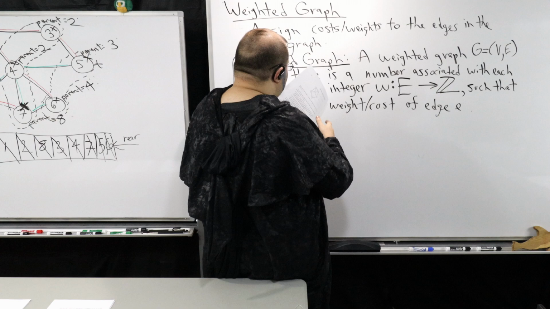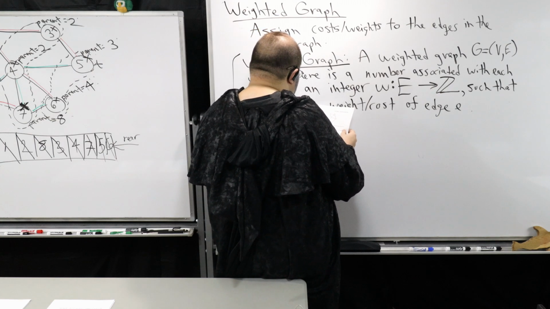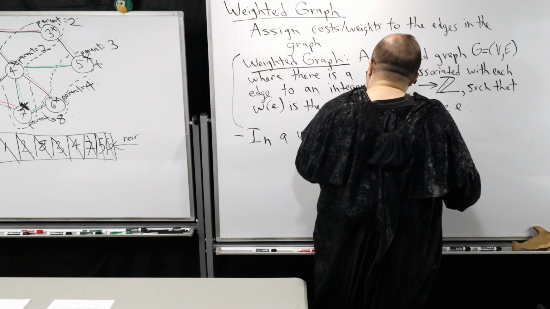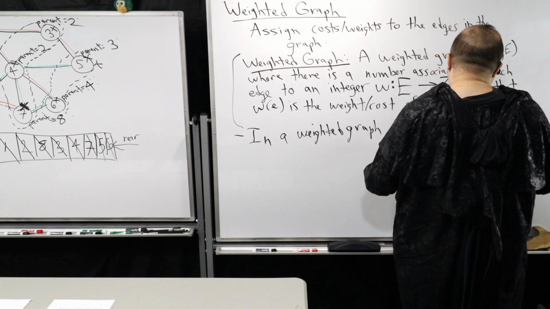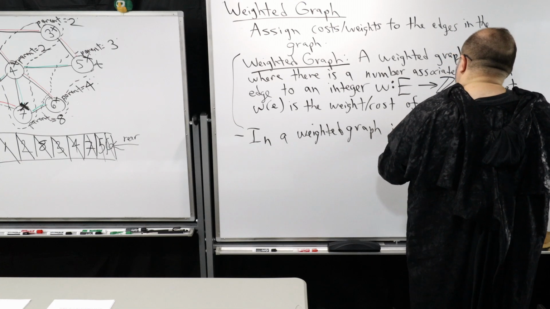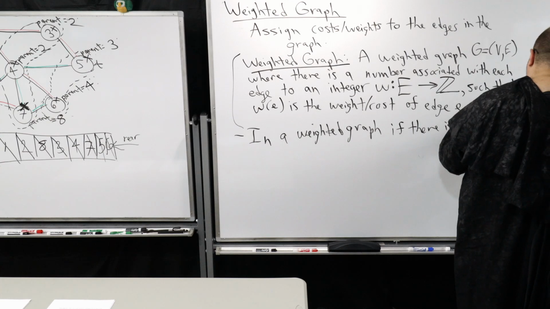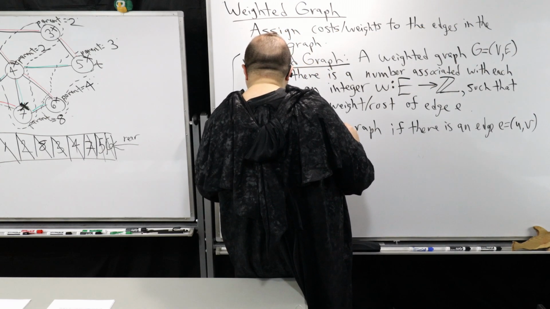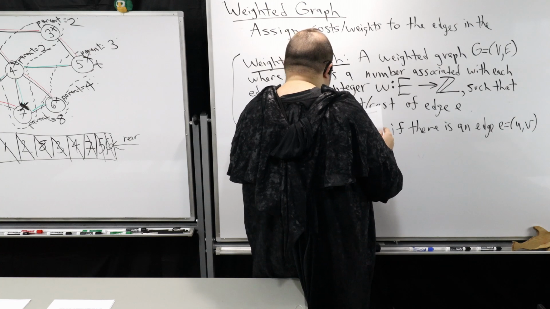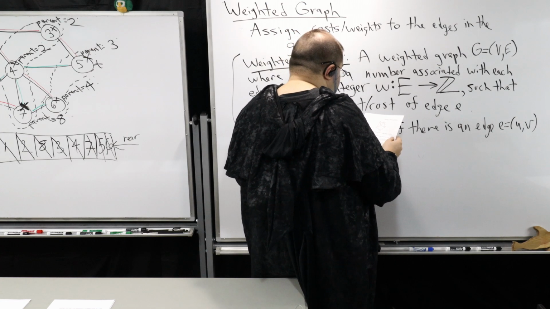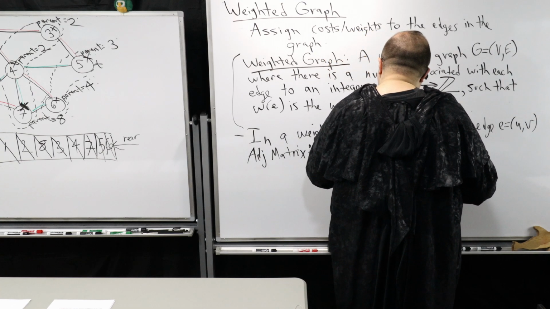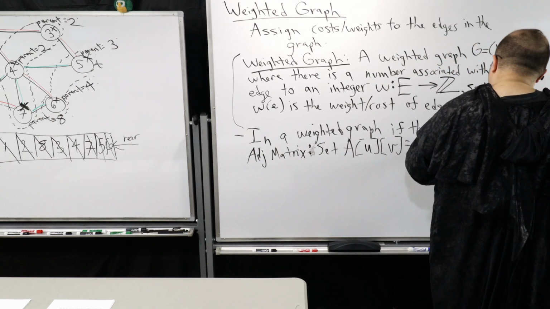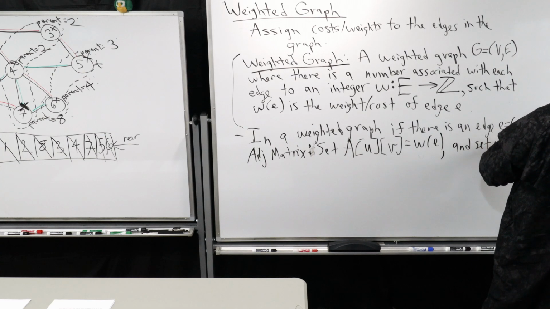But I just want to stress one small detail: in a weighted graph, if there is an edge e equal to uv, in an adjacency matrix what you would do is set the array position A[u][v] to be equal to the weight of e, and set it to infinity otherwise.